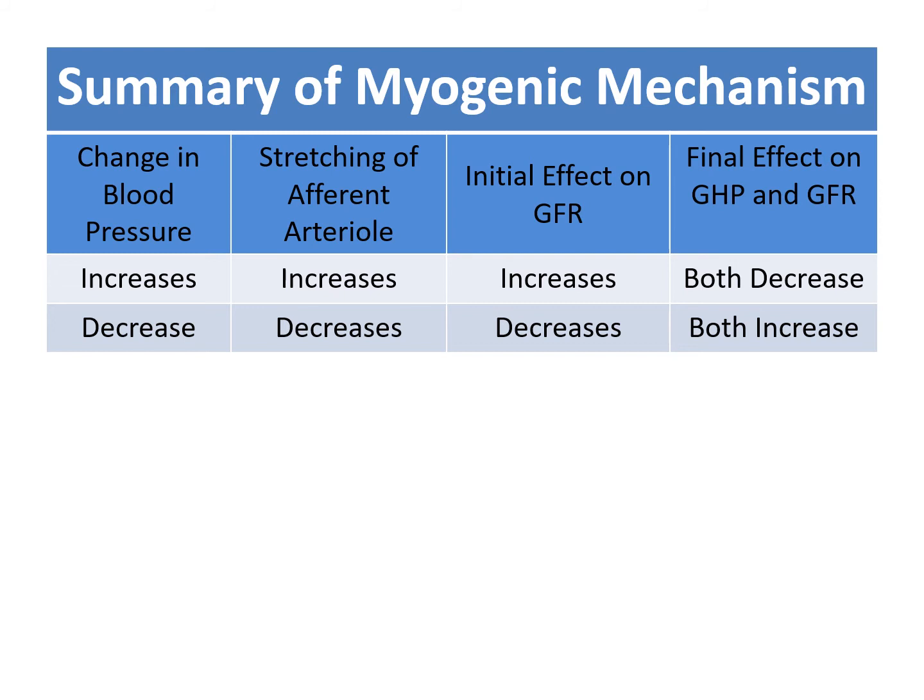But finally, the autoregulatory myogenic mechanism will maintain homeostasis because it will decrease GHP and GFR from the initial increase, or increase them if there's a decrease. So this is part of the myogenic mechanism of autoregulation of the glomerular hydrostatic pressure and glomerular filtration rate to ensure that the levels stay normal.